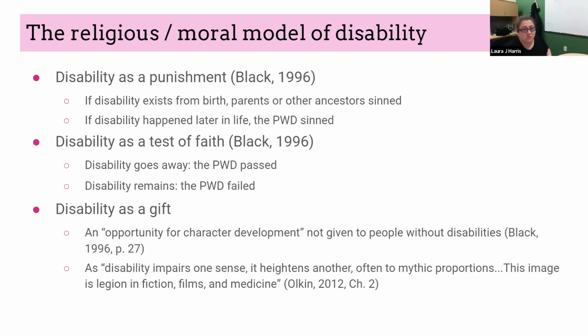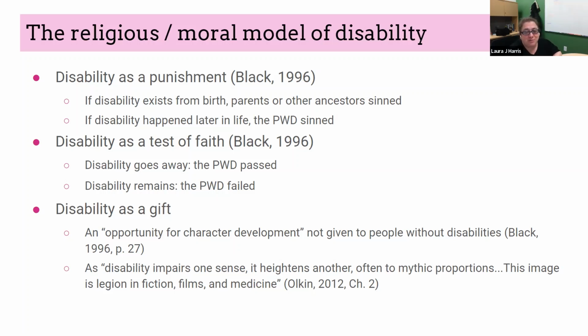So the religious and moral model of disability is one of the older models. In the past, disability was viewed as a punishment. If it was something that a person was born with, the idea was that their parents or some ancestors further back sinned big time.